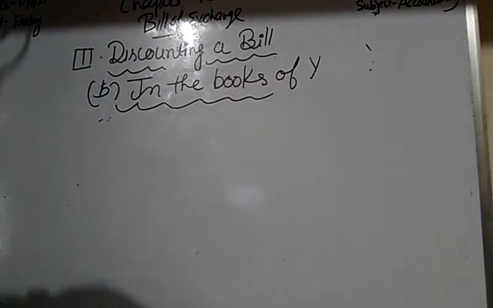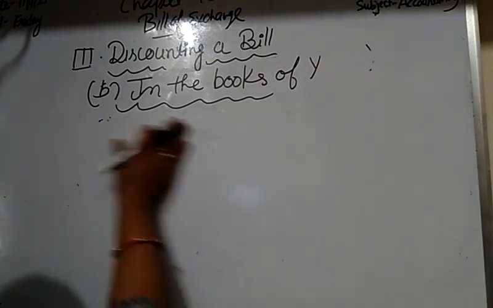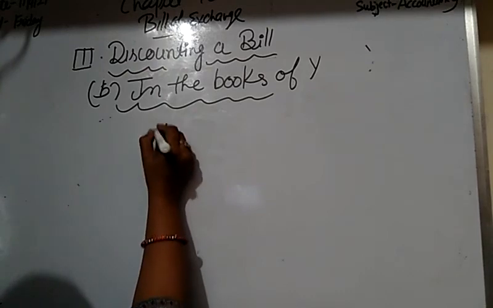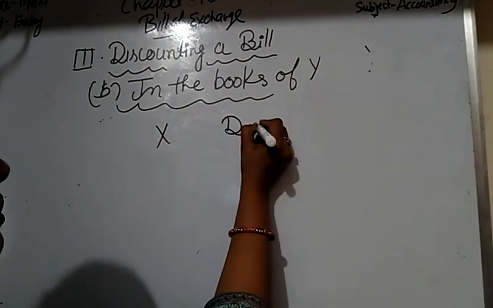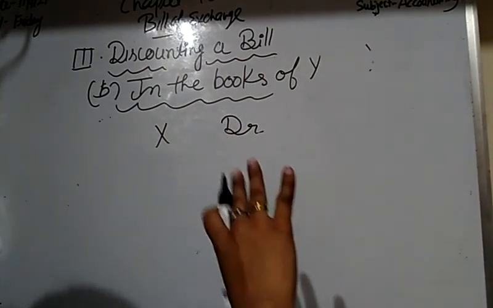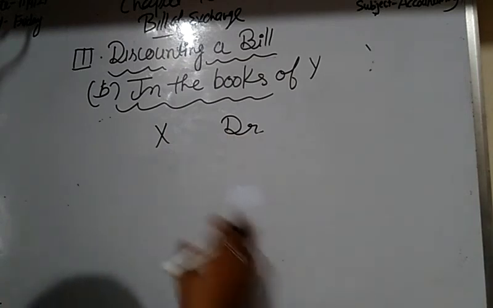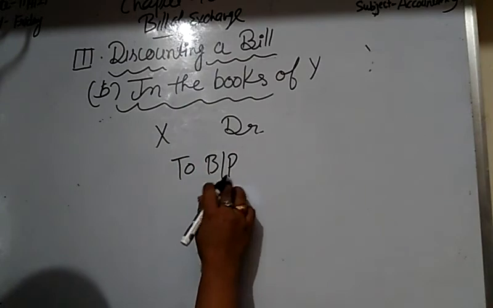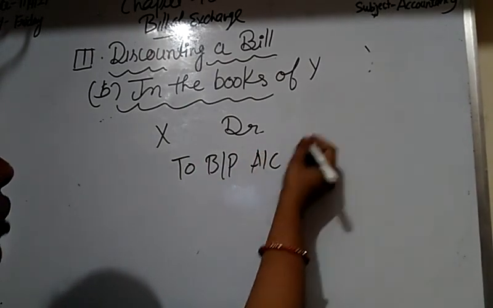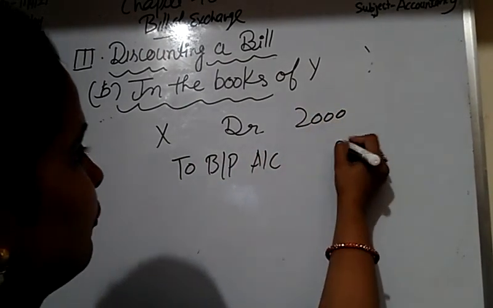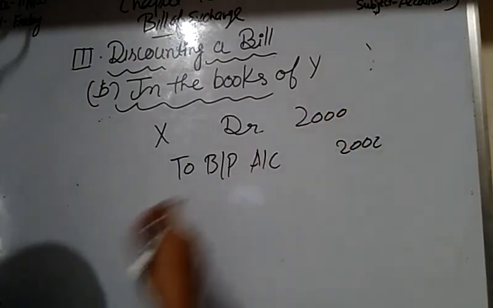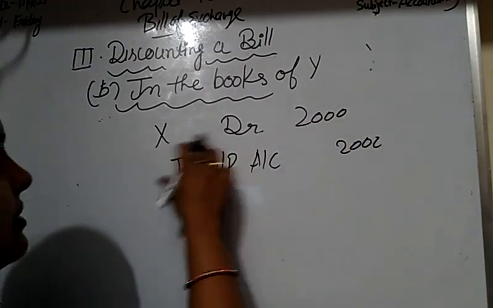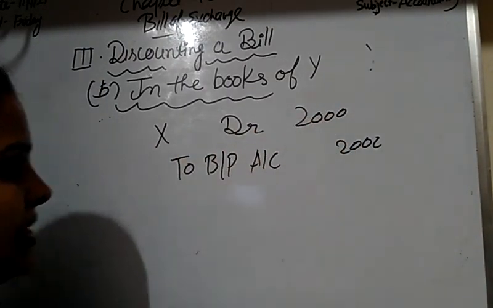So when the bill is drawn on the name of Y, at that time the journal entry is X debit. It is not compulsory to attach the word X with a personal account. So X debit to bills payable, B/P, account, the amount of the bill which is accepted. When we accept the bill, the entry is X account debit to bills payable account.